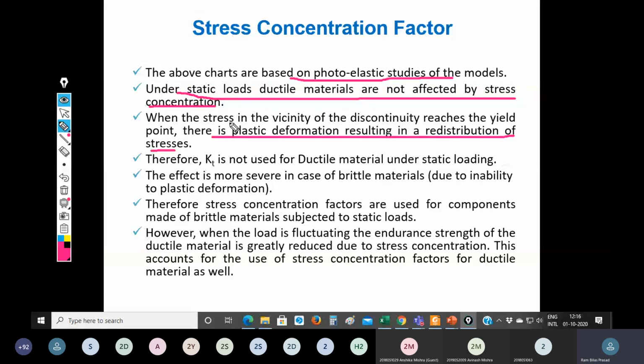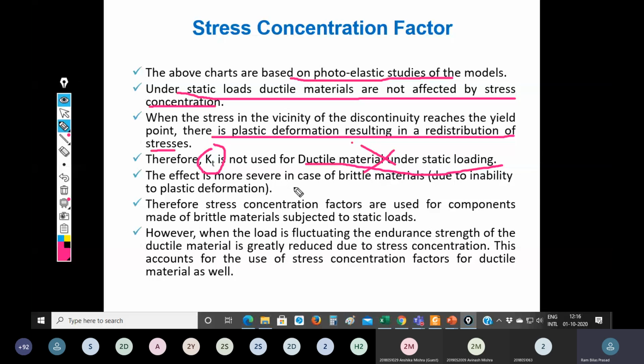Suppose near the hole the stress reaches near the yield point, then there will be plastic deformation, and the stresses will also change. Kt is not used for ductile material under static loading.